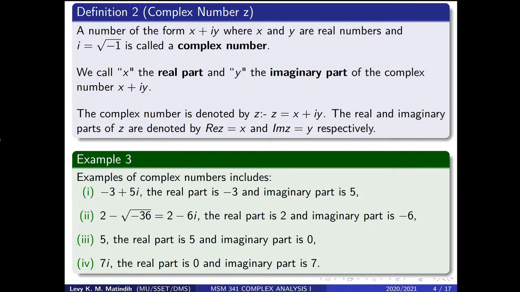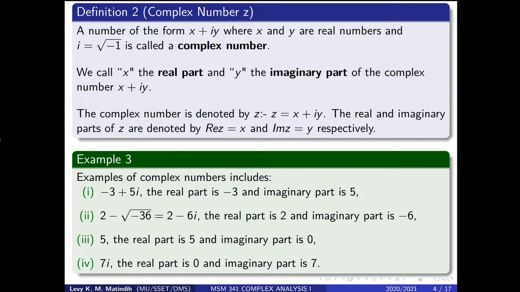Now in this case, there is this value y which has been multiplied by i. So this type of number, which is written in the form x plus iy, where x and y are real numbers and i is equal to the square root of negative 1, is called a complex number. Now, in this complex number x plus iy, the x, which is not multiplied by any i or any square root of negative 1, we call the real part of this complex number.